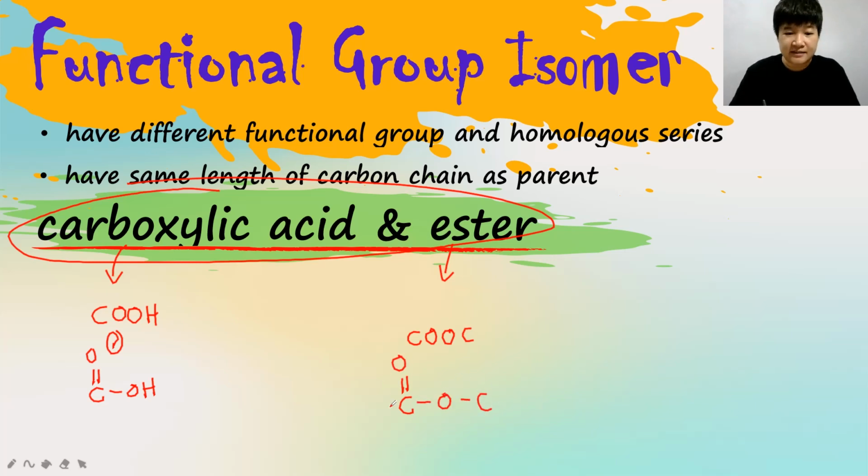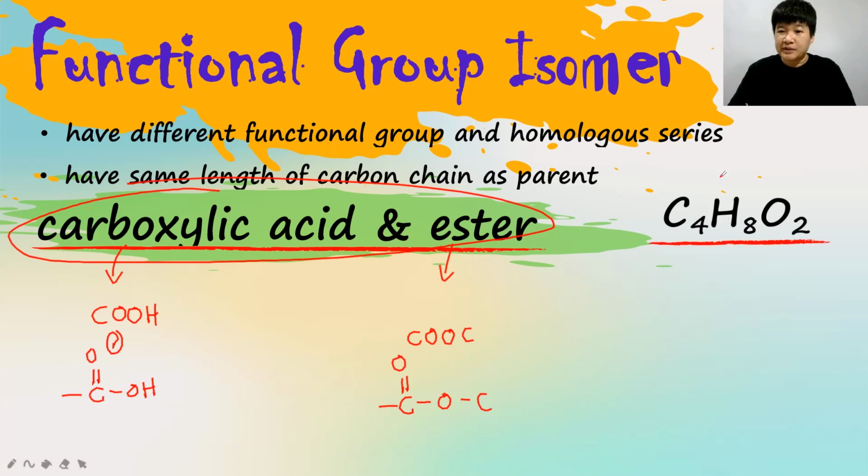That is your ester. And they are functional group isomers, for the same reason, because they share the same general formula. The example that I give to you over here, C4H8O2, is your CnH2nO2. Both carboxylic acid and ester have the same general formula.